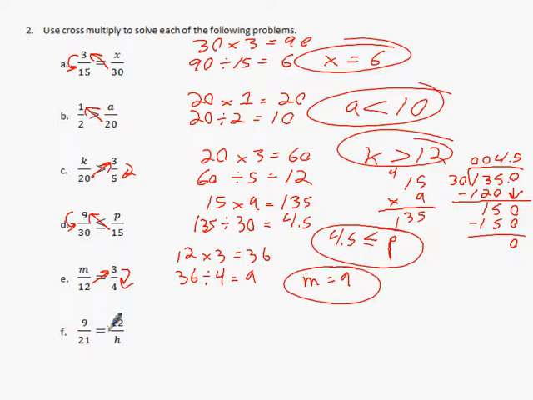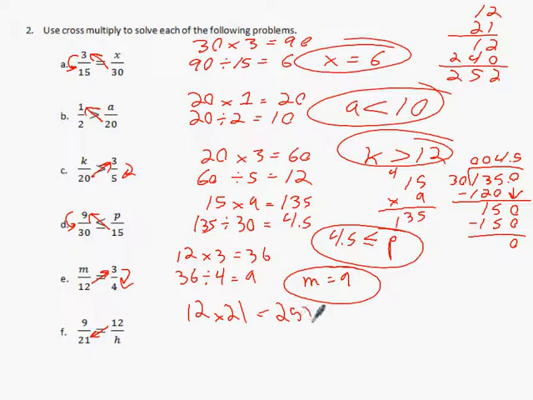And lastly, 12 times 21 is 252. 252 divided by 9: 9 goes into 2 0 times, goes into 25 twice, which is 18.